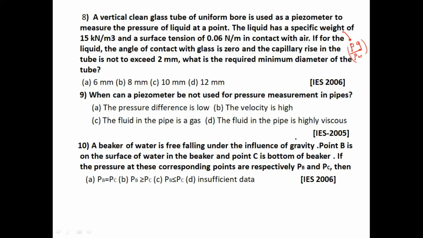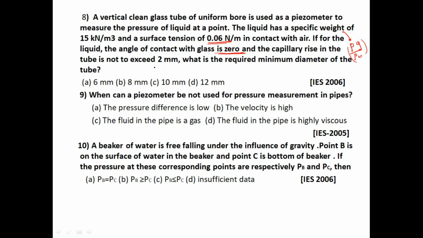The liquid has the specific weight, and the surface tension is also given: 0.6 Newton per meter in contact with air. The angle of contact with the gas is given as 0.